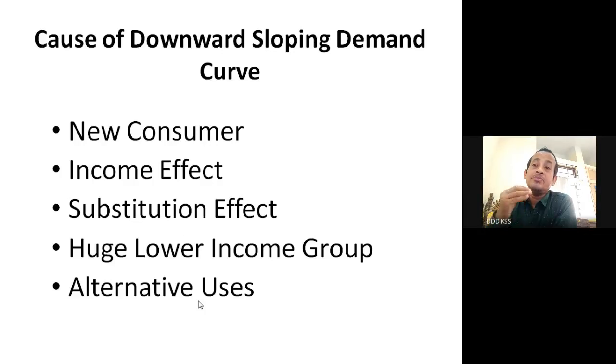If the consumer was purchasing 5 kilo in a month, the consumer can save money. 5 into 10, so total 50 rupees the customer was spending earlier. Now if the price is reduced to 5 per kilo, then 5 into 5, 25 rupees. That means 50% income is increasing due to the fall in the price.